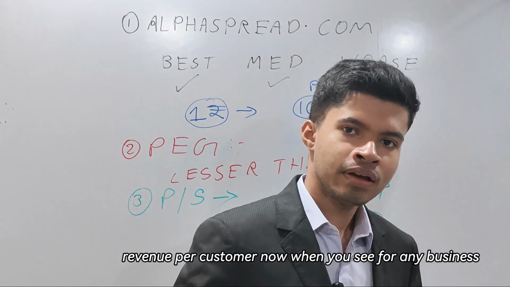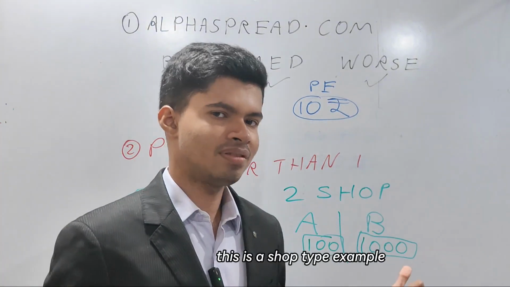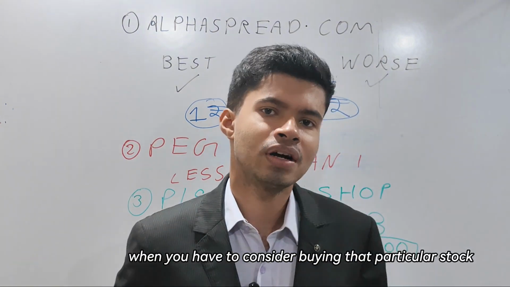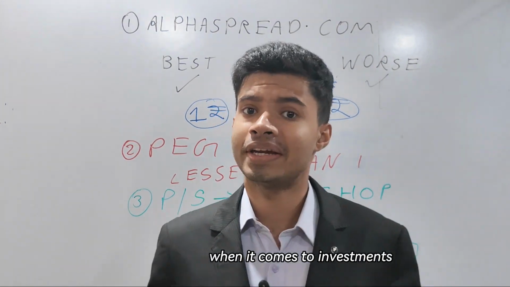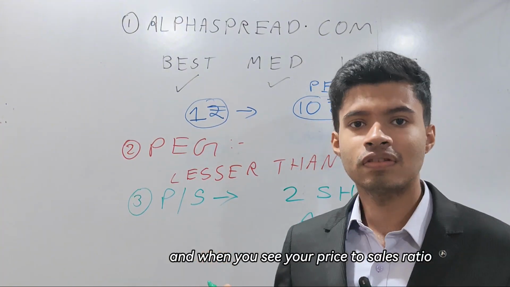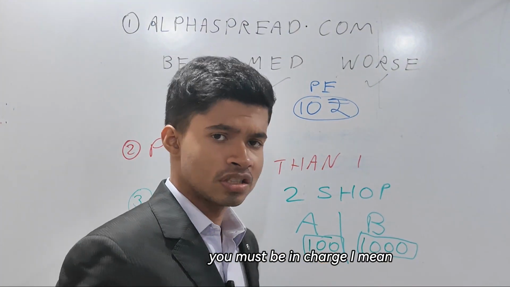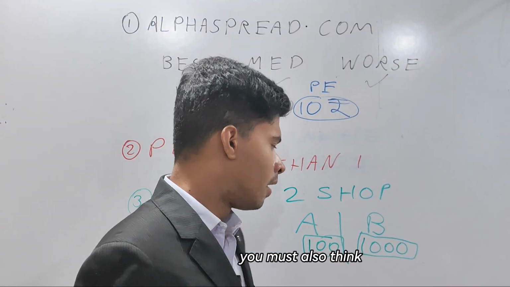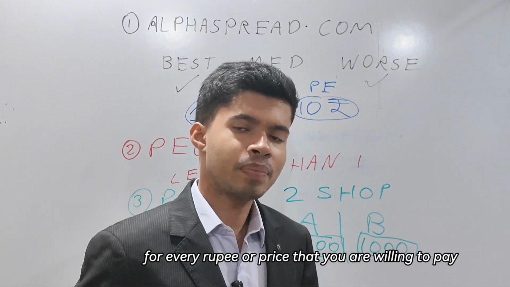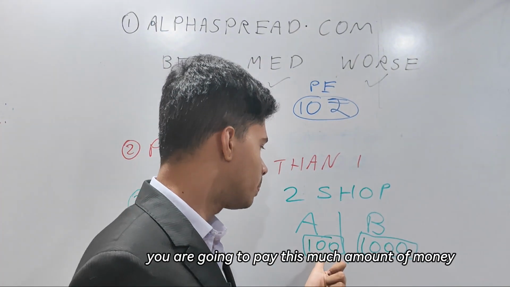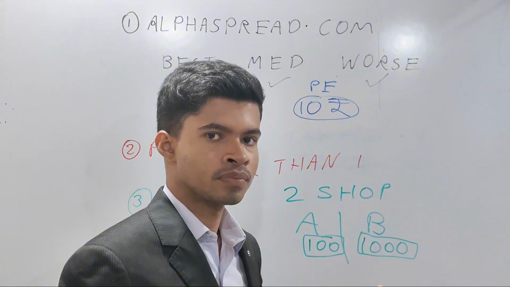Now when you see, for any business, this is a shop type example, for any business, when you have to consider buying that particular stock when it comes to investments, and when you see your price to sales ratio, you must also think, for every rupee or price that you are willing to pay for that company, you are going to pay this much amount of money.